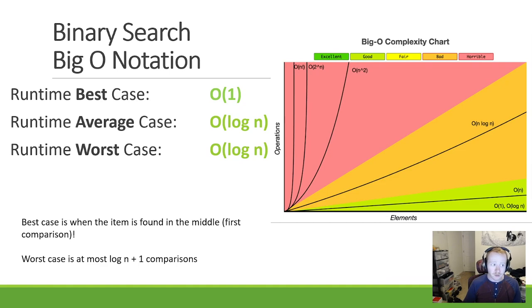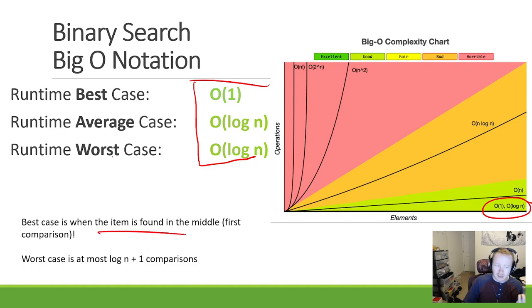For our binary search, all of them are fantastic. It's all sitting at the best it can be. Best whenever the item is in the very middle, and worst case is log n plus 1 comparisons. So big O binary search is fantastic.